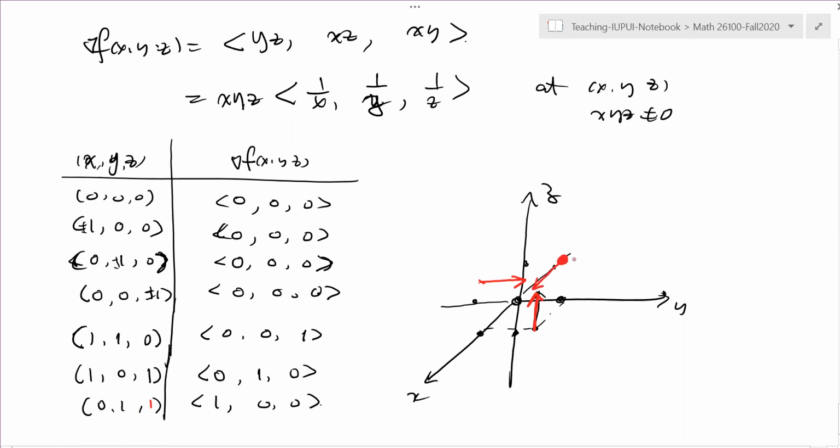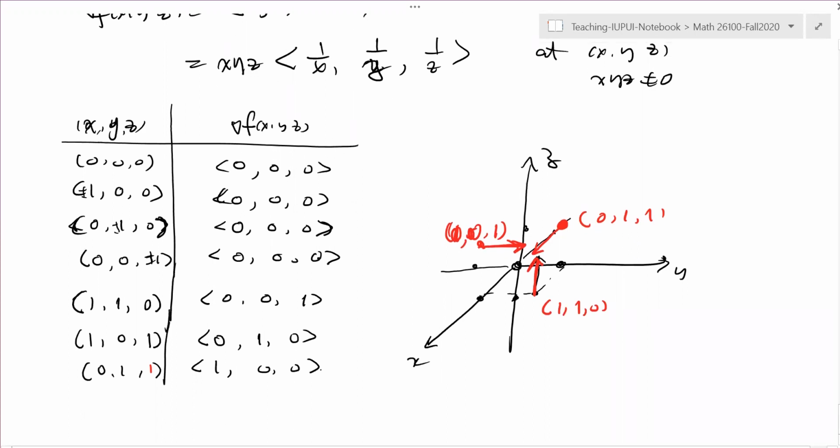I only draw the 3 vectors here. They all point in the same direction. It's funny, they point to the same point, the 3 vectors.